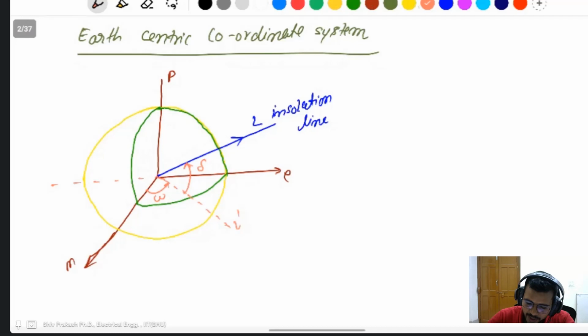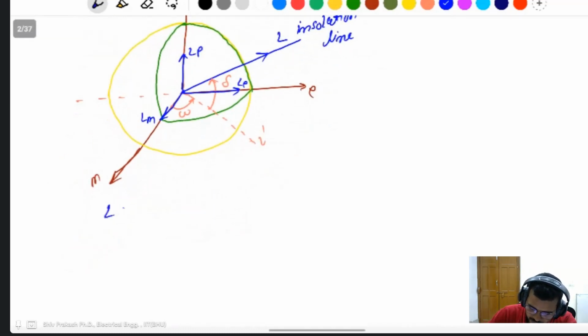And previously we defined all the components, like LP, LM and LE. Three components, by which L is defined: L equals LE plus LP plus LM, the meridional axis insolation, polar axis insolation, and east axis insolation.